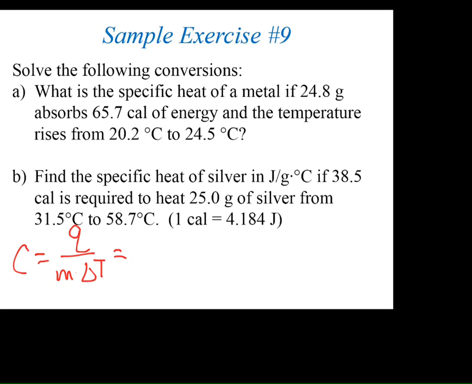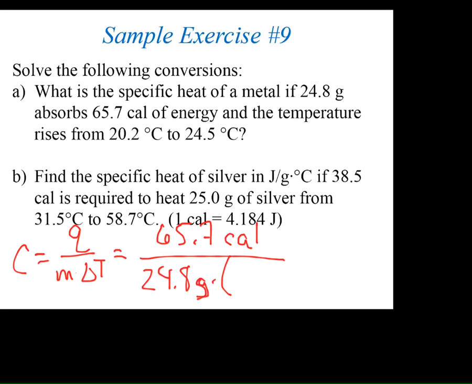How much heat was pumped into it? 65.7 calories, right? Heat will always be calories, joules, something like that. We're going to divide that by the mass. What mass of metal did I use? 24.8 grams. Now we're going to multiply that by the change in temperature.